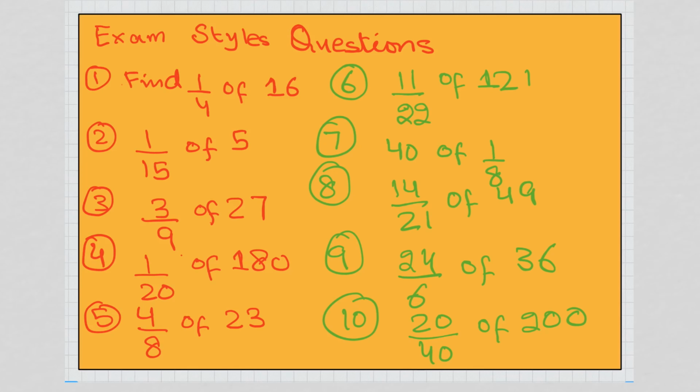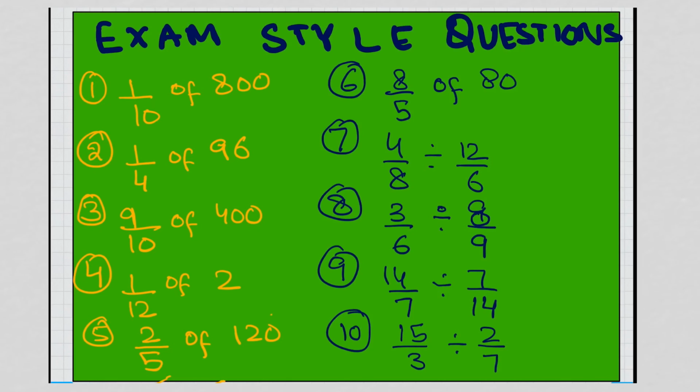Attempt all these exam style questions. Make sure you write them in your notebook. Please try these exam style questions from 1 to 10, and please write these in your notebook in full.